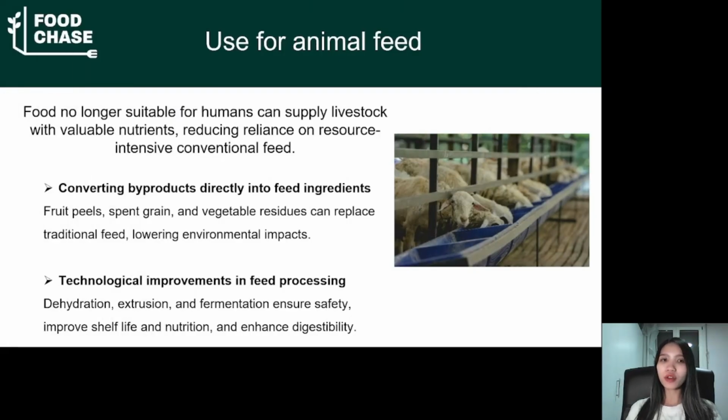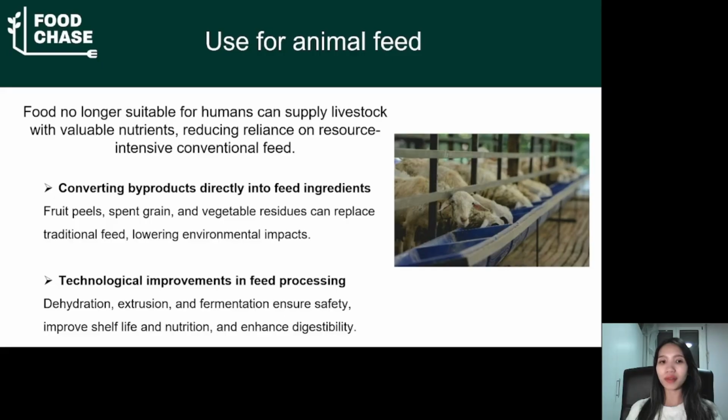When food is no longer suitable for human consumption but still somehow safe, it can be turned to animal feed. This approach can reduce reliance on resource-intensive conventional feed. The byproduct of waste like fruit peels, spent grain, and vegetable residue can replace traditional feed, lowering environmental impact.